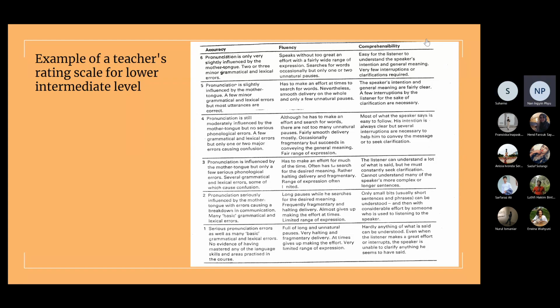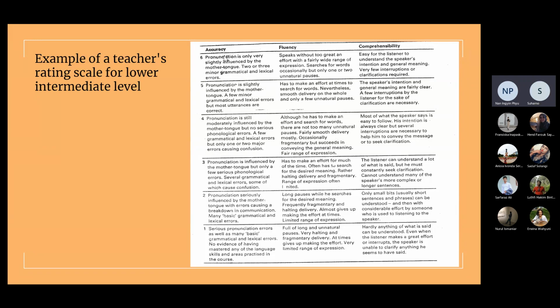Here is an example for the intermediate level. Here we have accuracy, fluency, and comprehensibility. These are the 3 criteria that teachers will focus on. The first one is that the pronunciation has to be slightly right, with 2 or 3 minor grammatical and lexical errors. So this one is the 6.